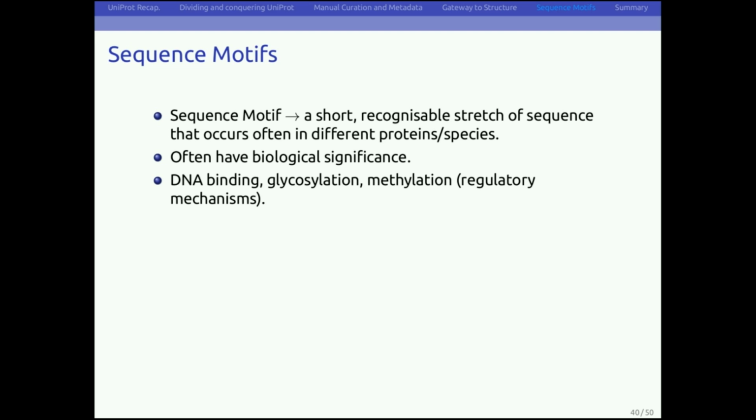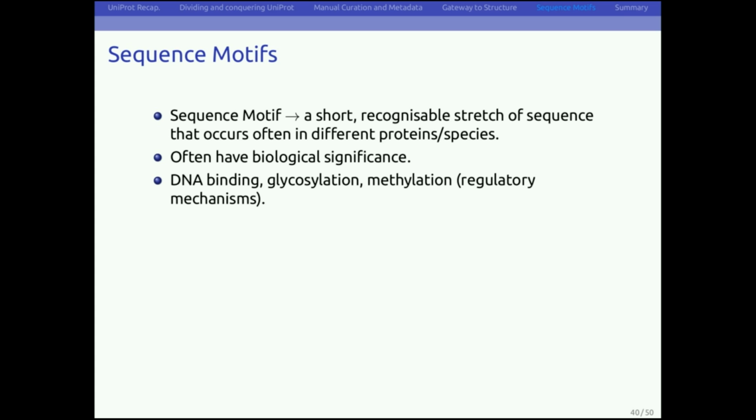In other words, regulate the protein. So different proteins will come together and find and recognize these short stretches of sequence in the target protein and then do something to it. These are only 3 functions. Sequence motifs have many, many more functions in biology, but I wanted to give you 3 important and very simple examples of what some of these functions could be for motifs.